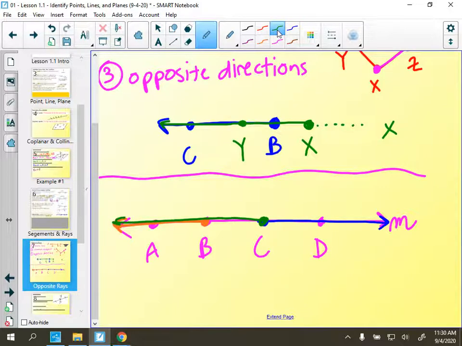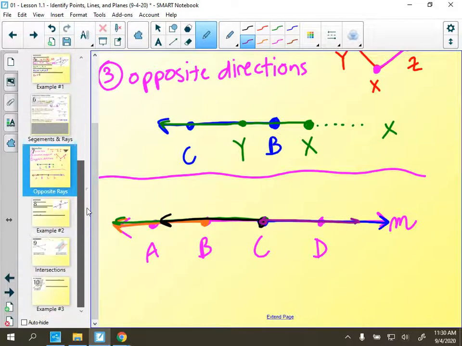So on any given figure, we have quite a few different features here. We even have some opposite rays, right? Ray CB would be an opposite ray of ray CD. Okay, they share an endpoint, they're on the same line, they're going opposite directions. So everything we've covered line-wise, segment-wise, can be contained in any single figure.